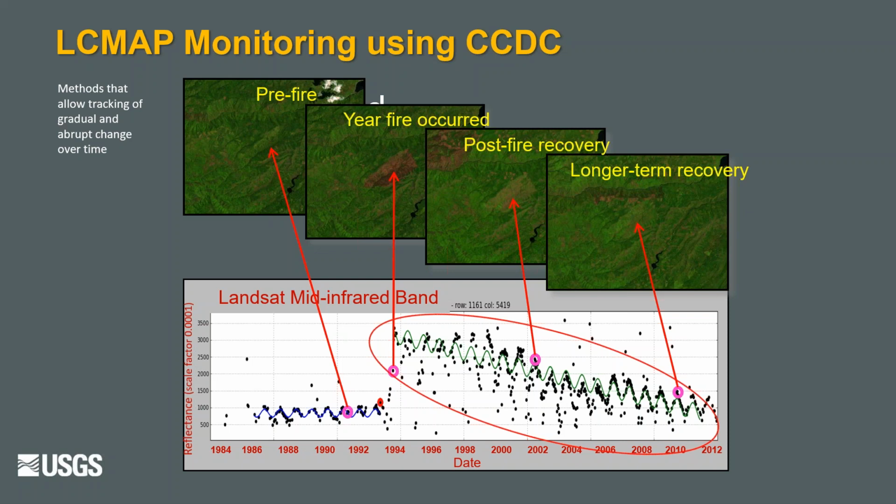In this example, we see an abrupt change around 1994, and we see two models. CCDC goes through all these observations and establishes harmonic models that represent the condition of those pixels through time.